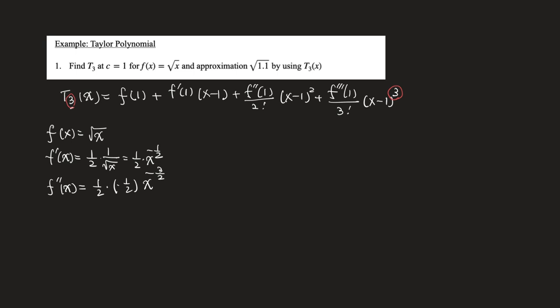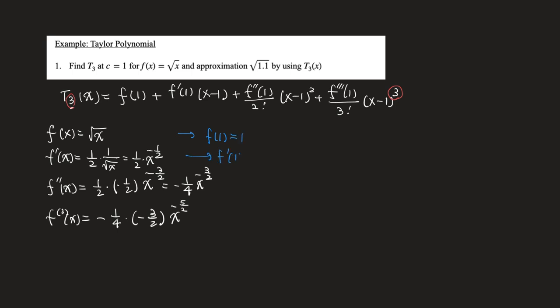The second derivative of x is 1/2 times negative 1/2 times x to the negative 3/2. So this one is negative 1/4 x to the negative 3/2. The third derivative of x is negative 1/4 times negative 3/2 times x to the negative 5/2. Now, let's find f at 1, which is 1.